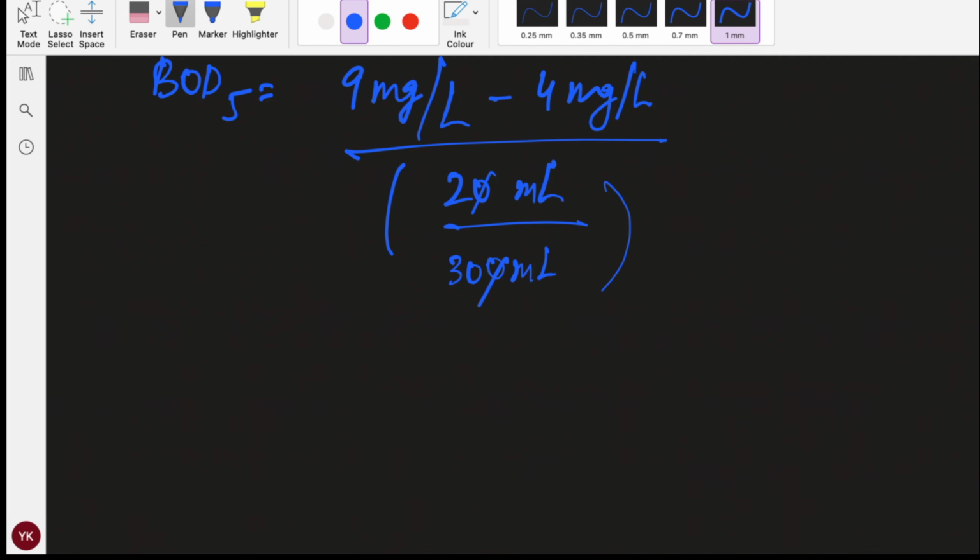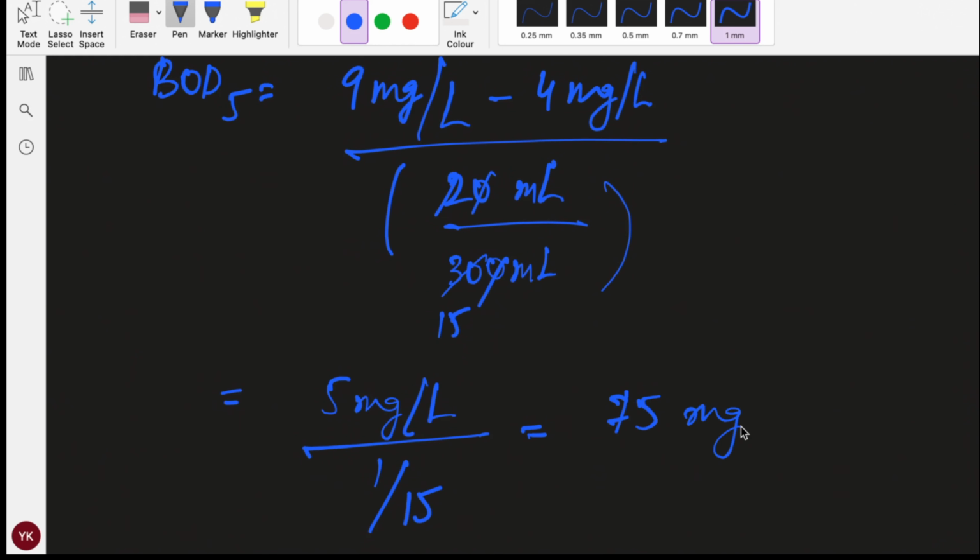So this becomes 1 by 15, and the answer will be 9 milligram minus 4 milligram per liter, which is 5 milligram per liter, divided by 1 by 15, so it becomes 75 milligram per liter. So this is your BOD5.